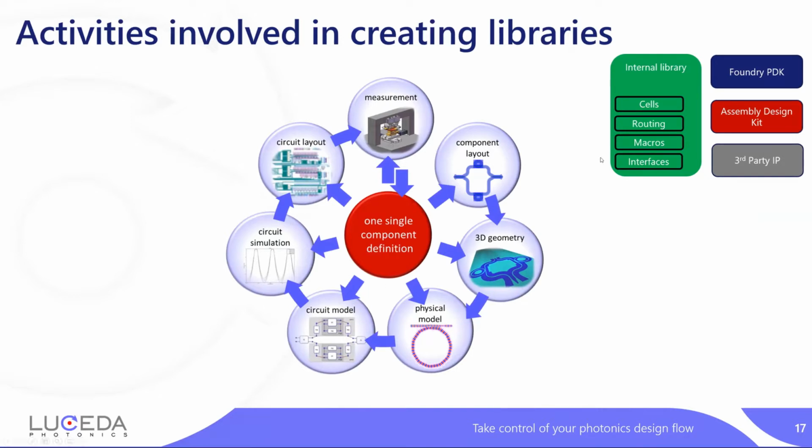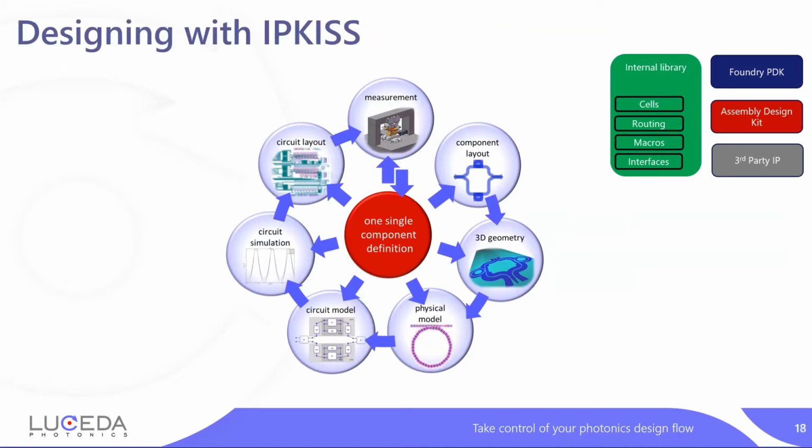Then when you move up the hierarchy, you're moving more towards circuit modeling, building compact models, running circuit simulations and layouts. And once you have your chip measured, you can then start improving on your designs. All of these activities are supported by IPKISS. IPKISS is our software product, and it provides a solution for each of these activities.